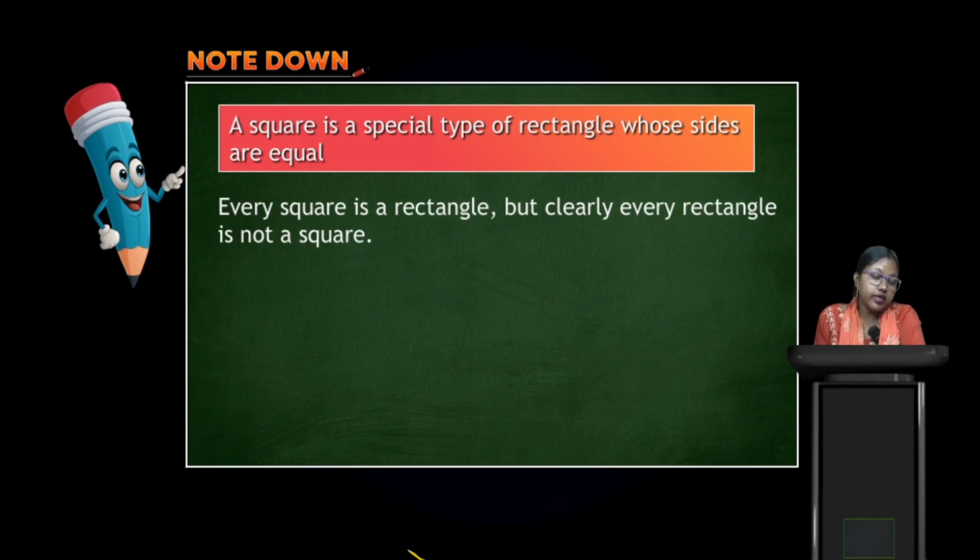So which rectangles will not be a square? If I ask you, what would be your answer? Yes, very good. The rectangles whose center angles are not equal to 90 degree, those rectangles are not squares. For a rectangle to be a square, the center angle must be 90 degree.